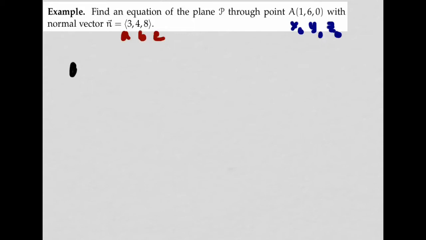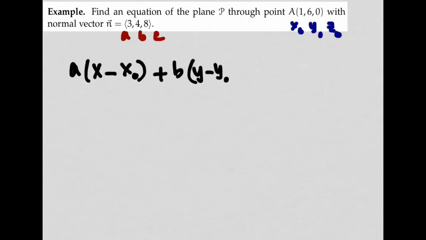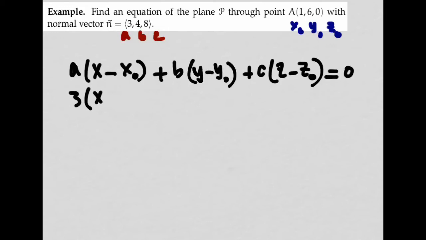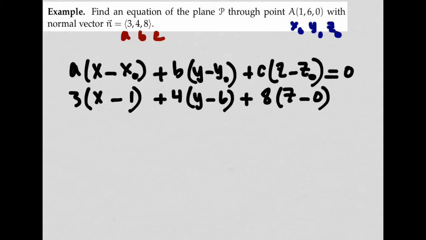That is a(x minus x0) plus b(y minus y0) plus c(z minus z0) equals 0. That's 3(x minus 1) plus 4 times (y minus 6) plus 8 times (z minus 0), all equals 0.